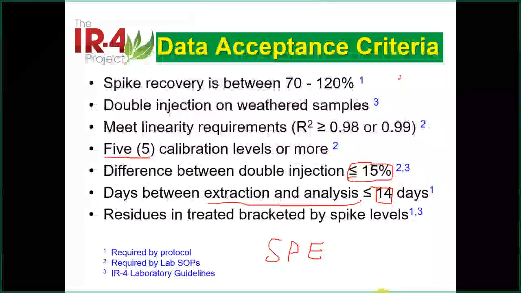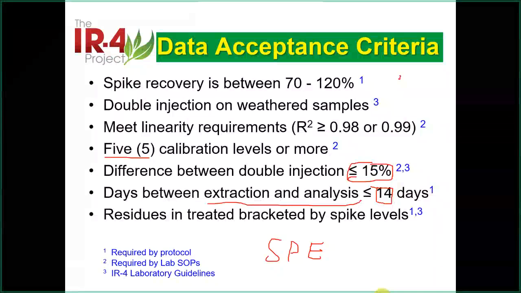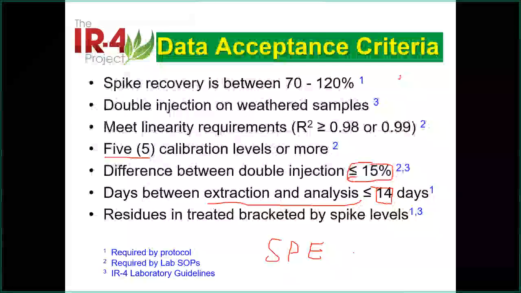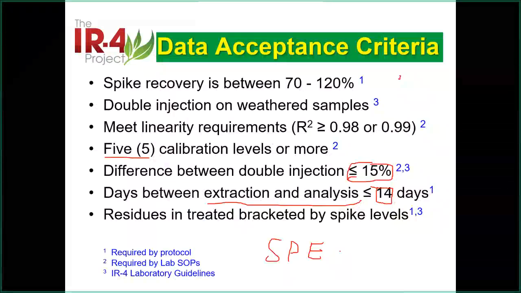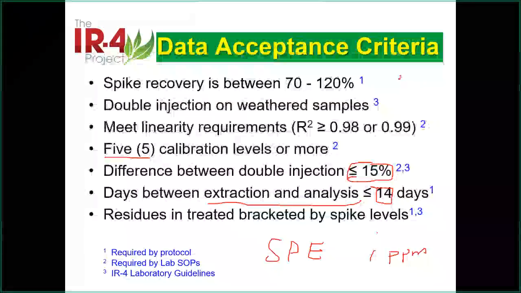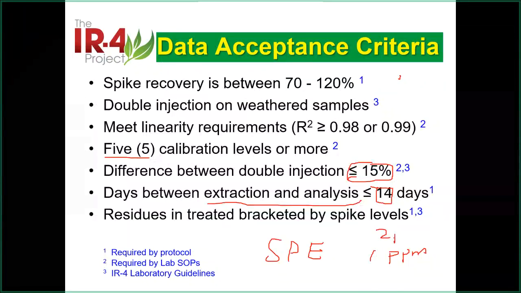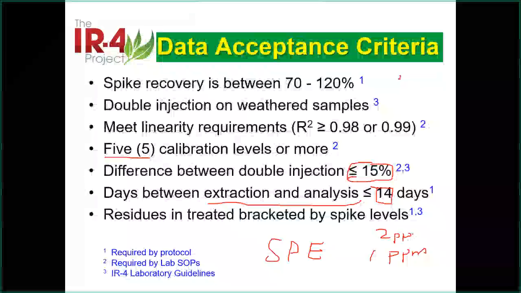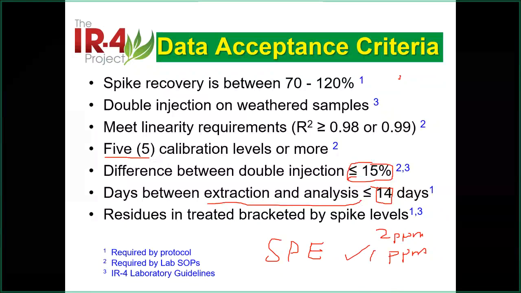If you don't spike this higher level, sometimes you will get a wrong number. Maybe the true value is 5 ppm and your number is always 1. So if your residue is 1 ppm, you need to spike at least double that. Normally it's double, so spike 2 ppm and get a good recovery. That means your residue number is good.